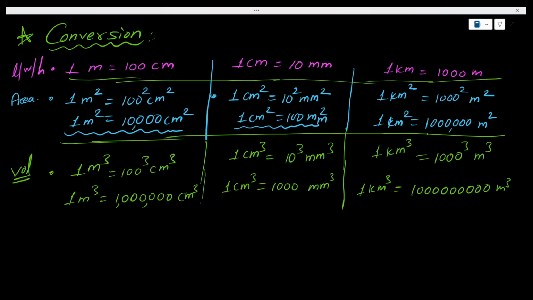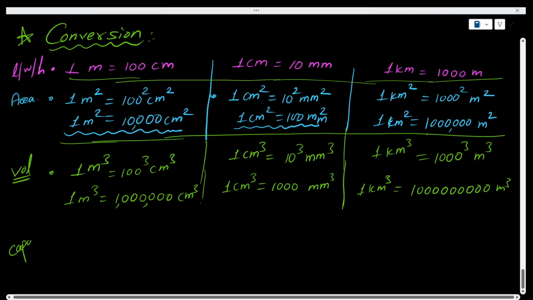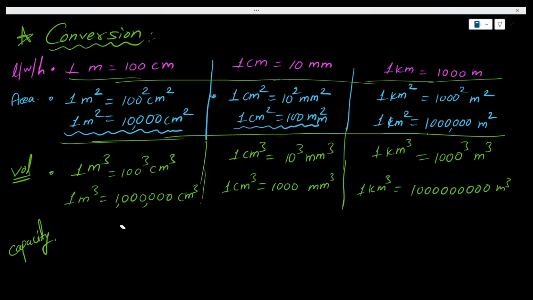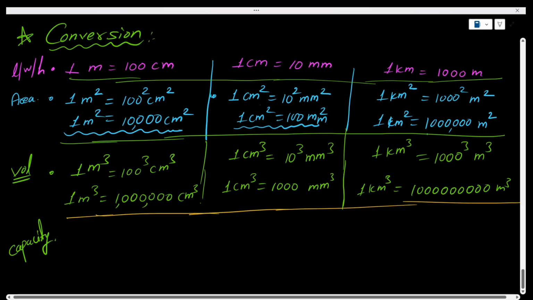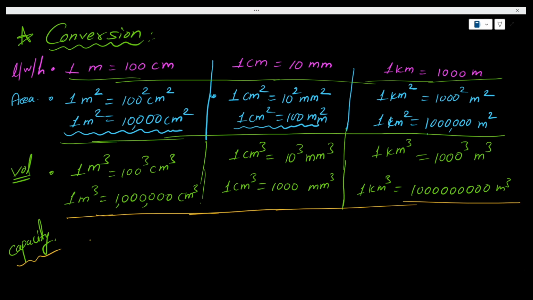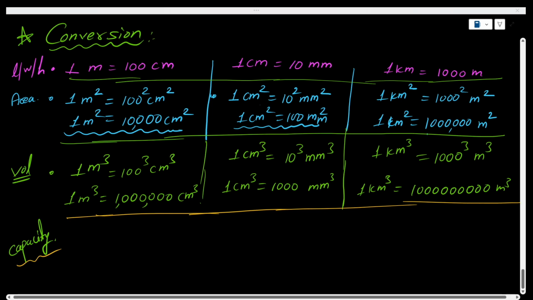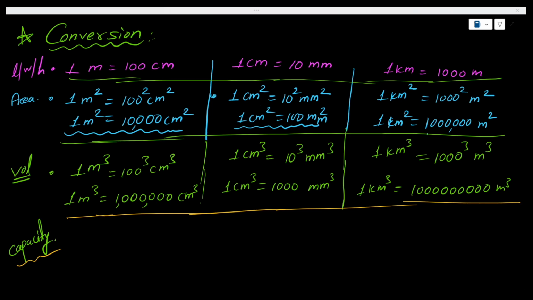But sometimes whenever we are talking about capacity, now capacity means it is going to hold something, and whenever something needs to be held, you always take it in liter, especially the volume part. So other than this, the basic units you have to remember are milliliter and liter, right?